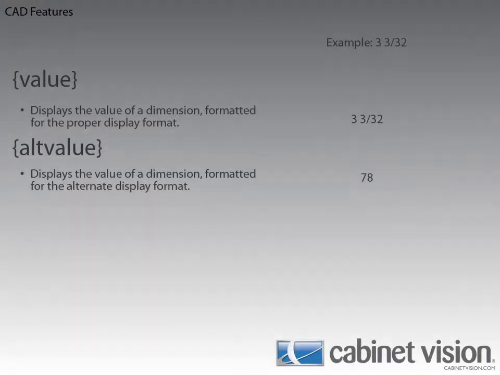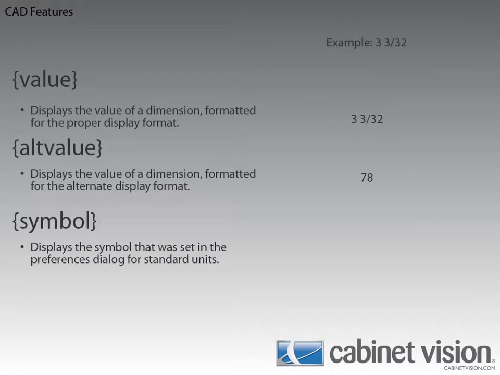Moving on, we come to the symbol variable. This variable will display the symbol that was set in the Preferences dialog for the standard unit. For our example, this means that the symbol will display double quotes. Now it's going to do this because we're working in imperial units, and I didn't change the symbol from the default value. Yes, that's right, you can specify your own symbol for imperial and metric units, and we will be getting to that later.